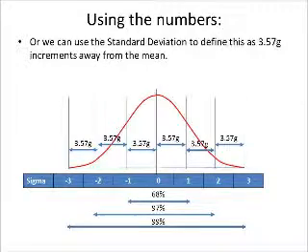So I can now talk about the spread of my data in terms of 99% of what I would see being within plus or minus 3 standard deviations. So let's get rid of the standard deviation and replace it now with 3.57 grams. Either side of the mean, for every standard deviation increment, which we can see is an equal distance, we now have 3.57 grams.